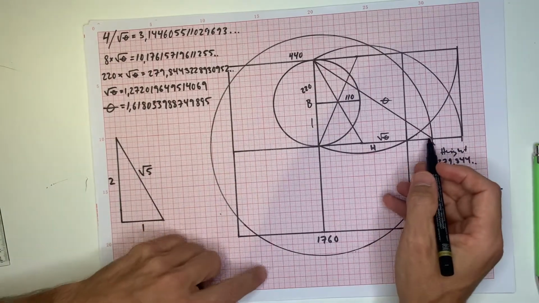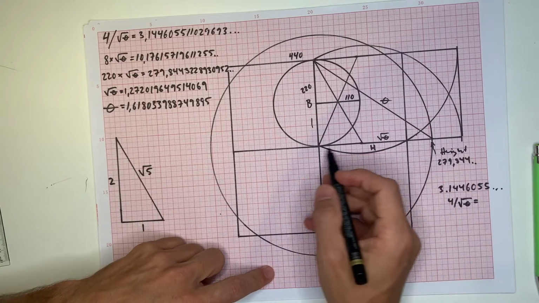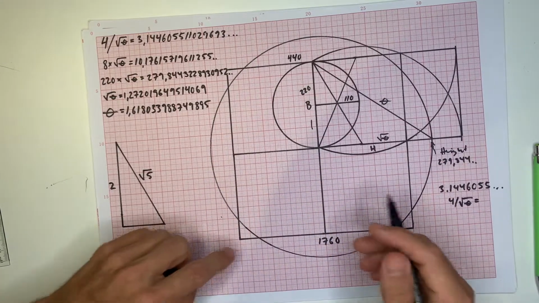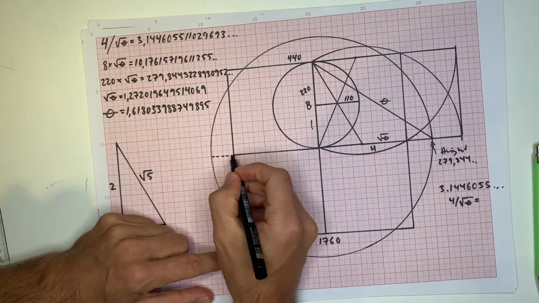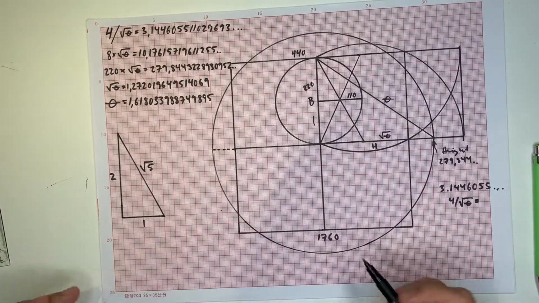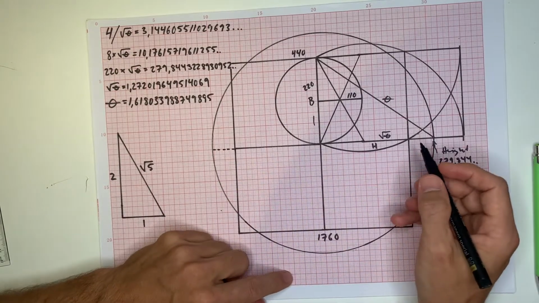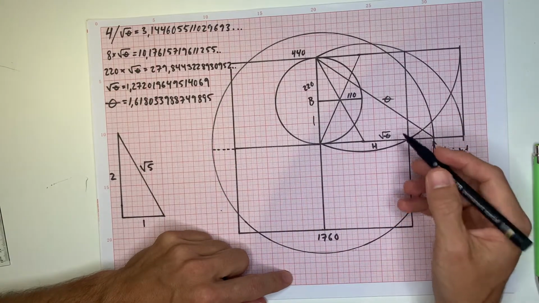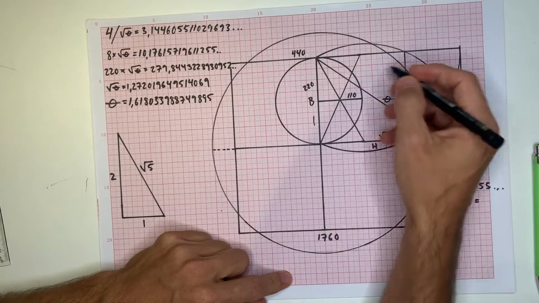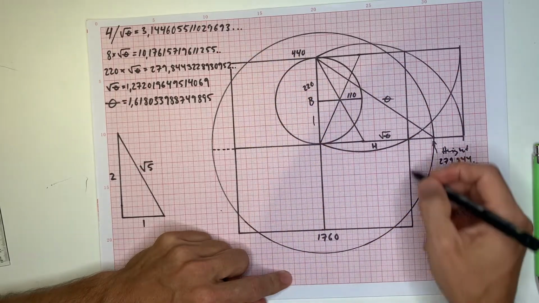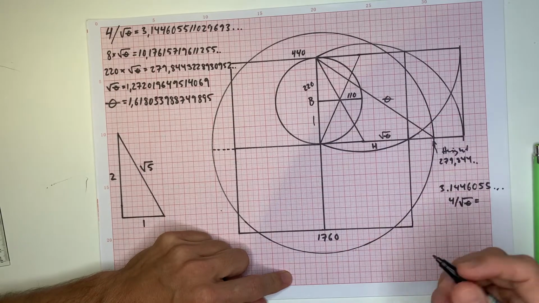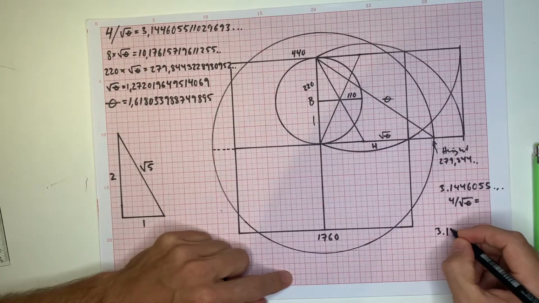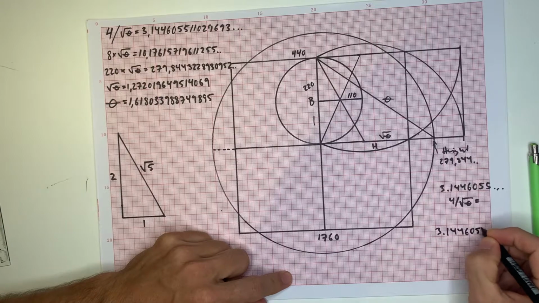If we instead take the diameter of this big circle, the length of the diameter, divided by the circumference of this whole square, that is also 3.144655.